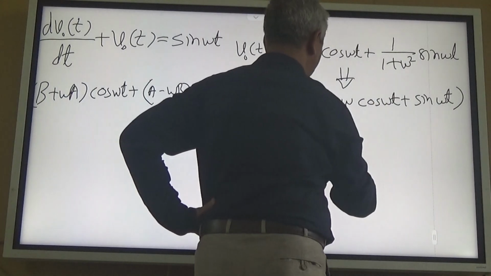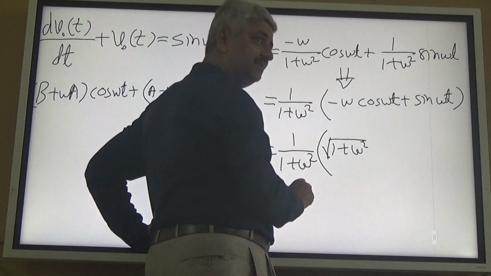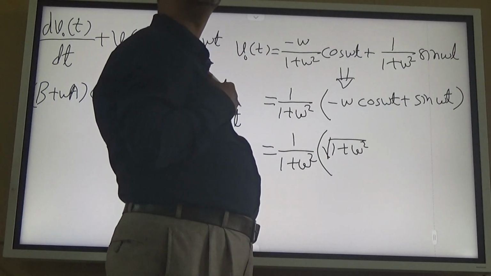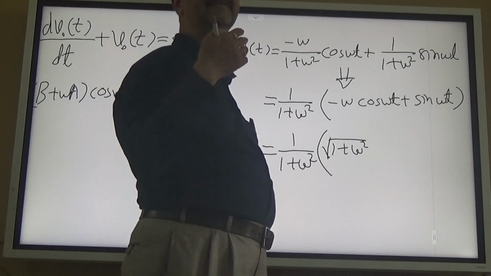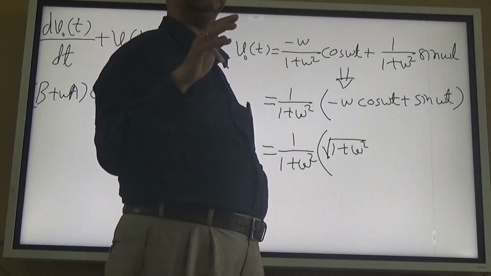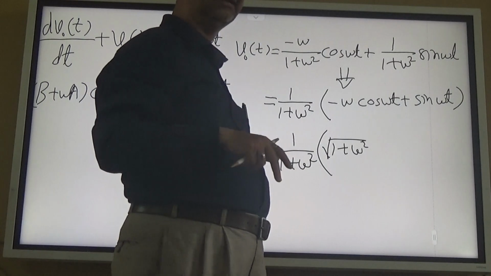So I get root of 1 plus omega square inside and a sin omega t plus b cos omega t. It is actually a sin omega t plus b cos omega t.